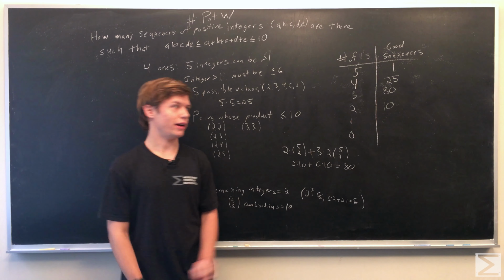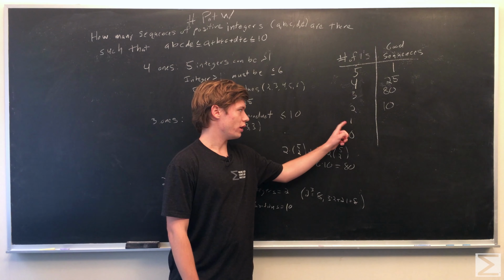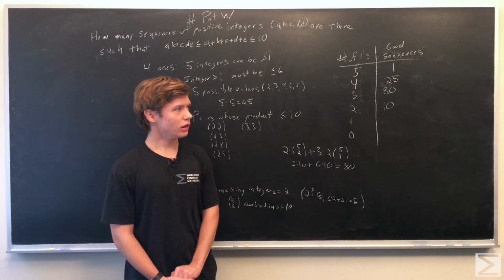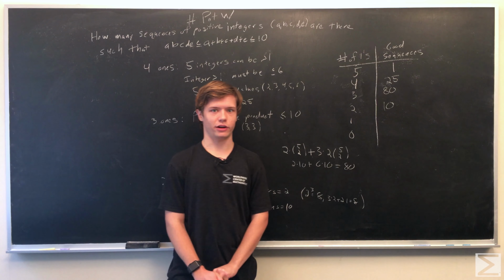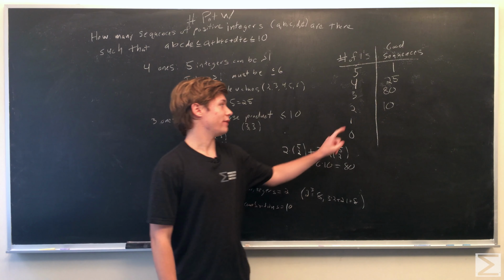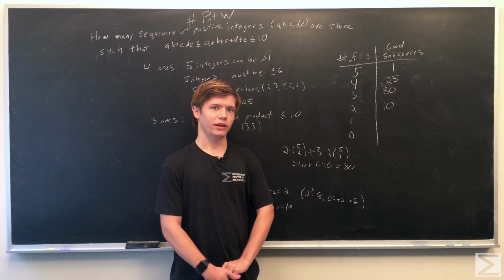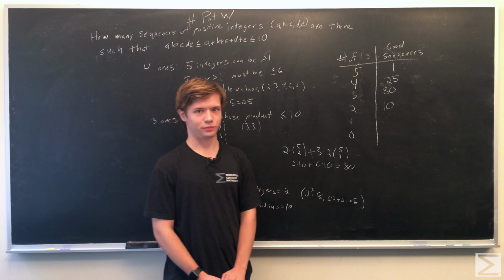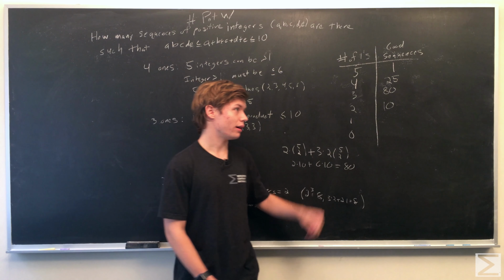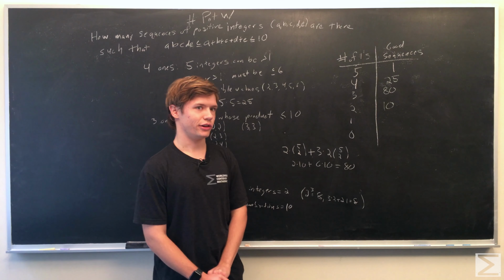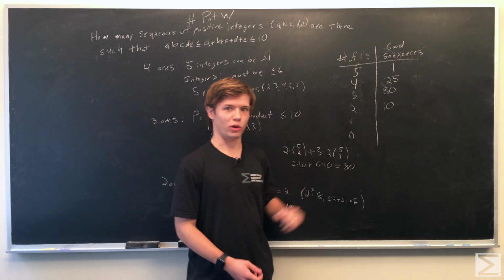If there's only one 1 or there are no 1s, then there are no good sequences, because the smallest value for the non-1 integers is if they're all 2, and 2 to the 4th power is 16, and 2 to the 5th power for no 1s is 32. So no good sequences for 1 and 0.